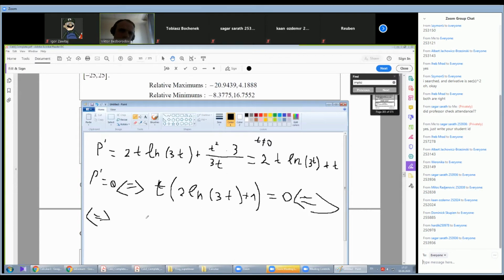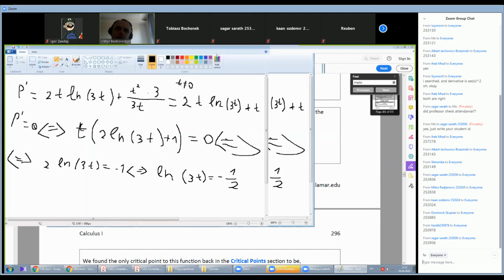So 2 logarithm of 3t equals -1, which is equivalent to logarithm of 3t equals -1/2.